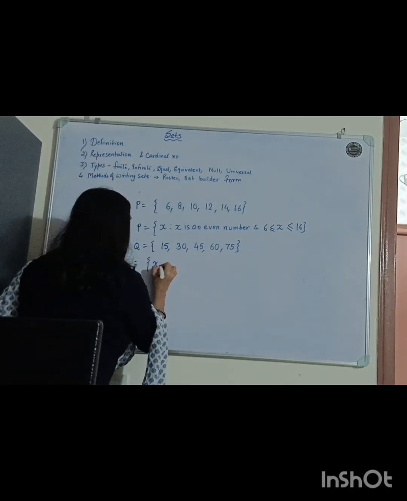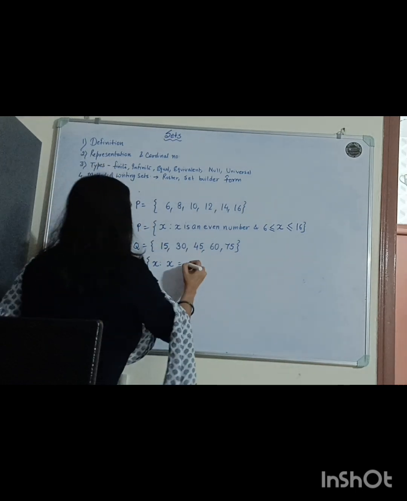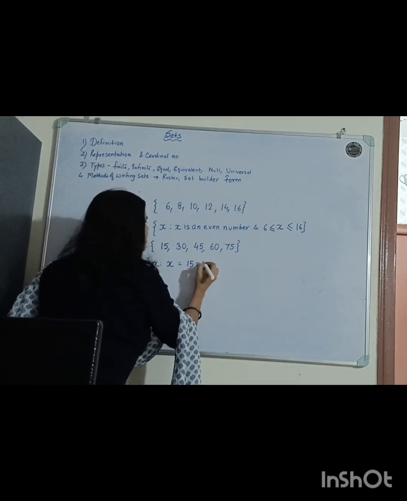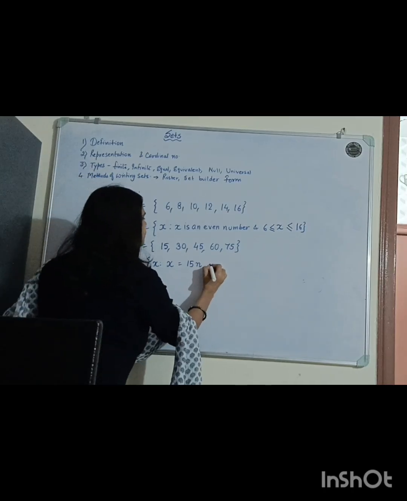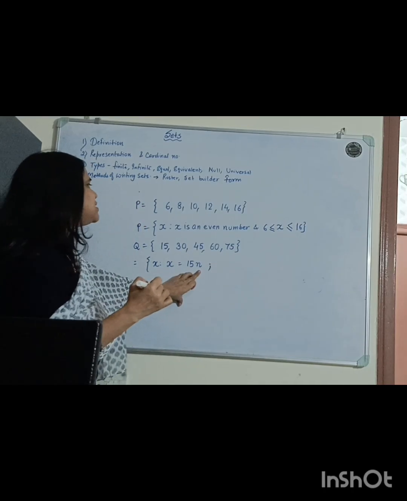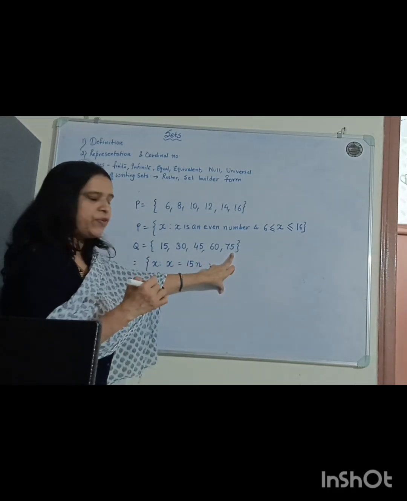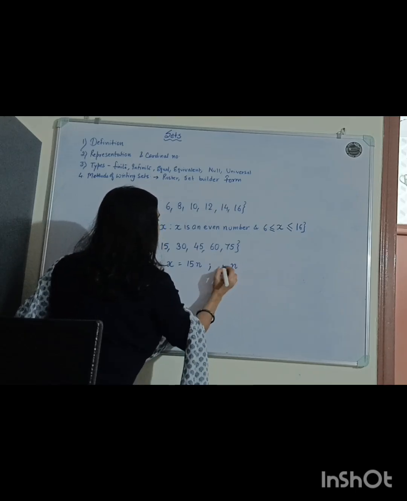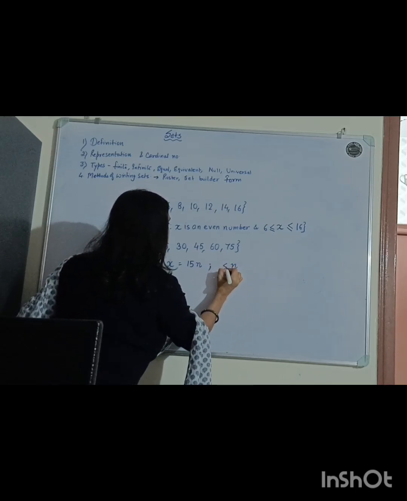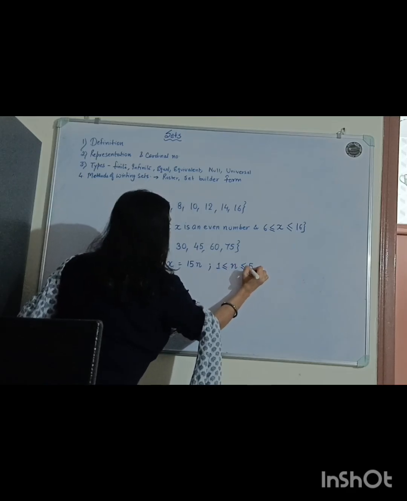We can write x such that x equal to 15n. We are using n here, and the value of n is from 1 to 5. So we write where n is greater than or equal to 1 and less than or equal to 5, isn't it?